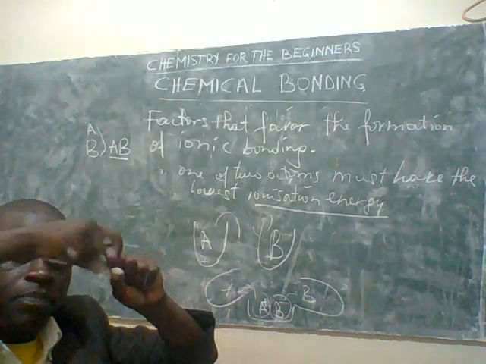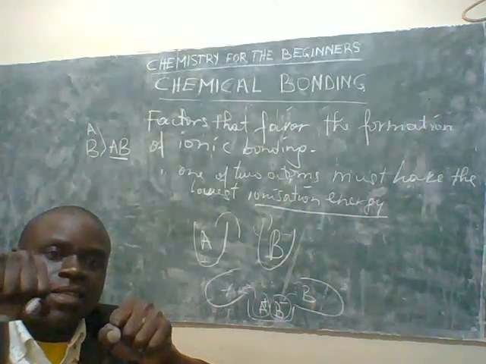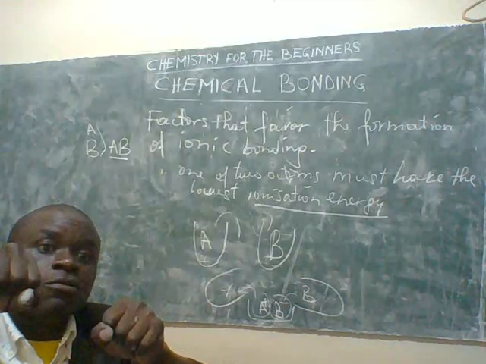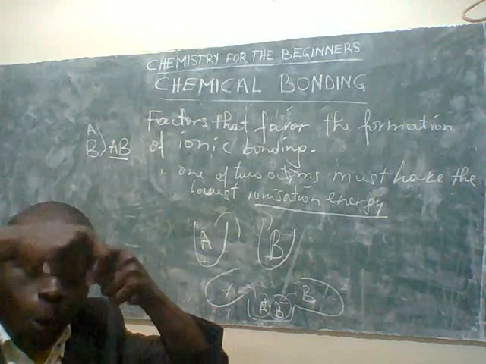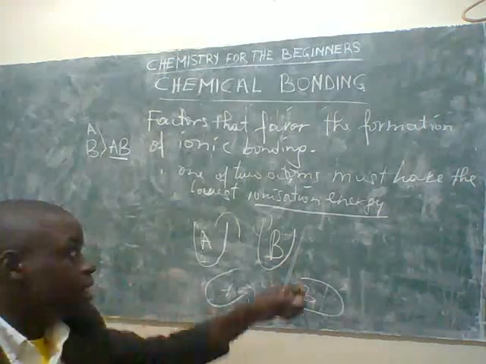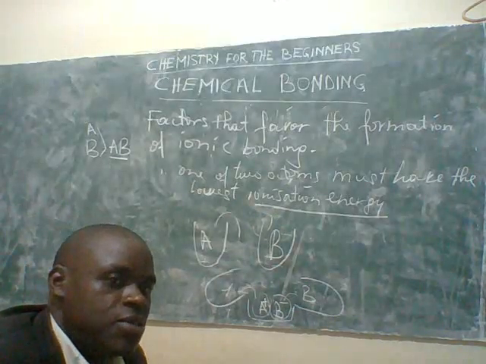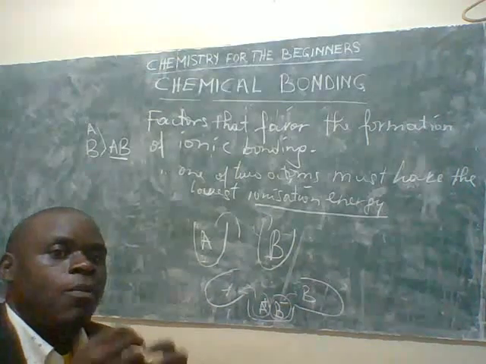This is the second step. The energy they have used to be ready to combine is the ionization energy, because it has helped them to be ready to become ions.